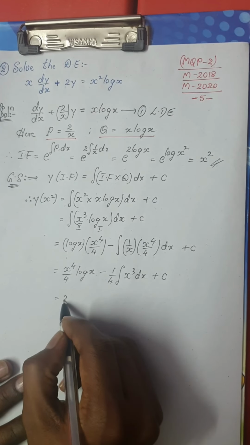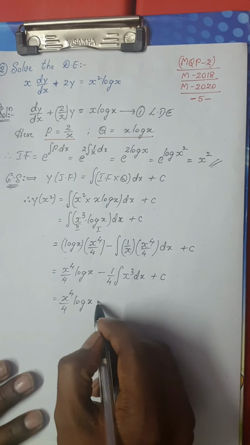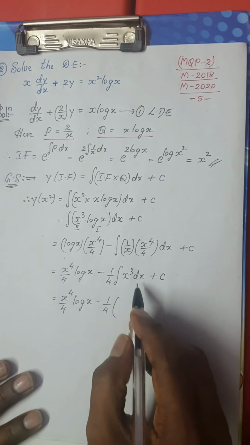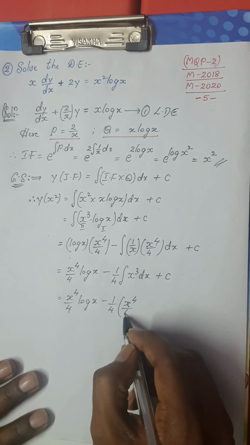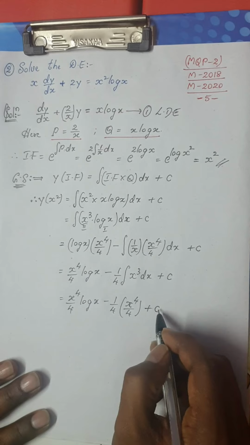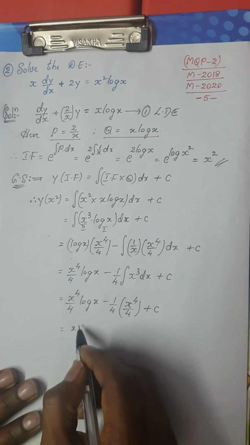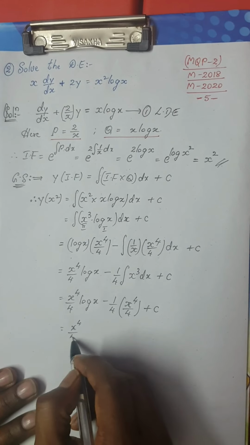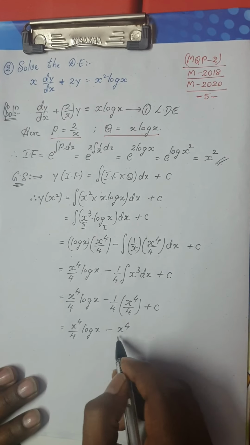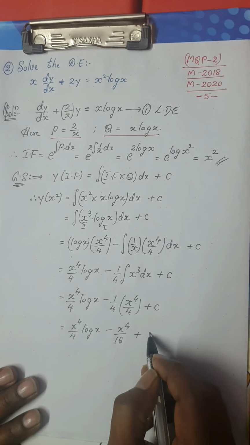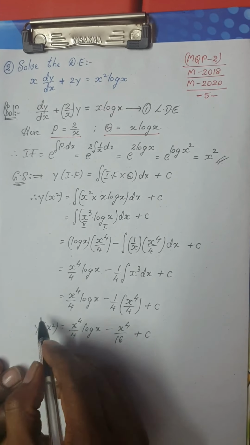This is x power 4 divided by 4 into log x minus 1 by 4 into the integral of x cube, again a very simple one, x power 4 divided by 4, plus c, the constant of integration. This is x power 4 divided by 4 log x minus x power 4 divided by 16 plus c. Remember, the left hand side is y into x square.